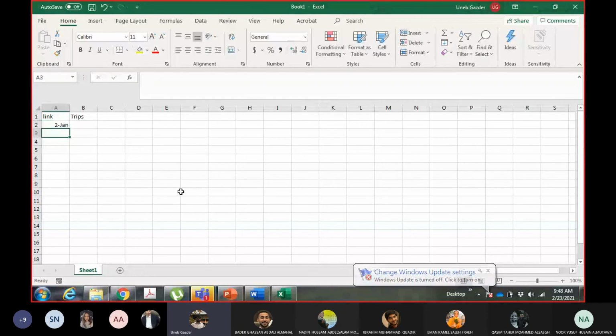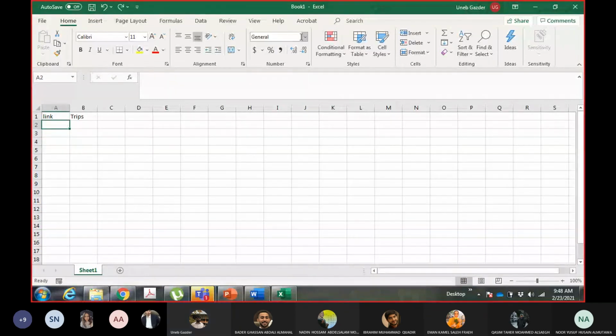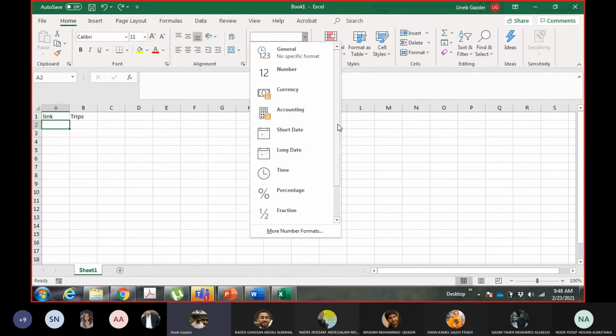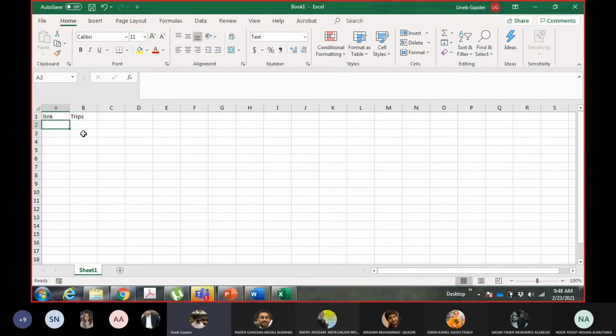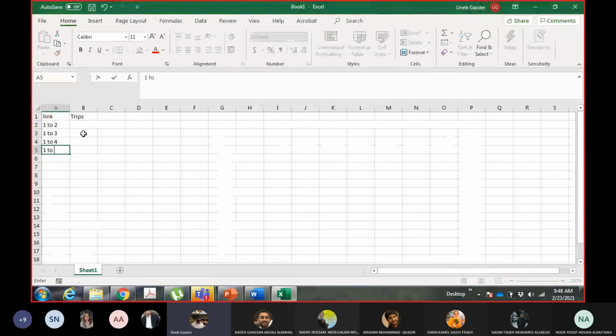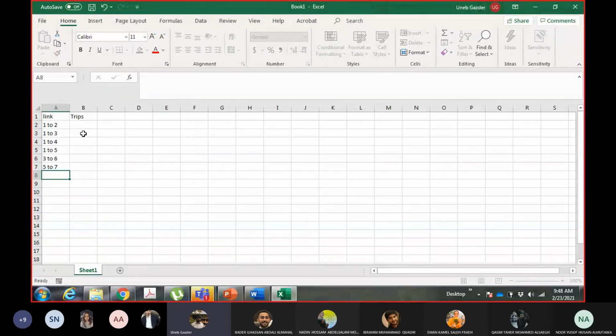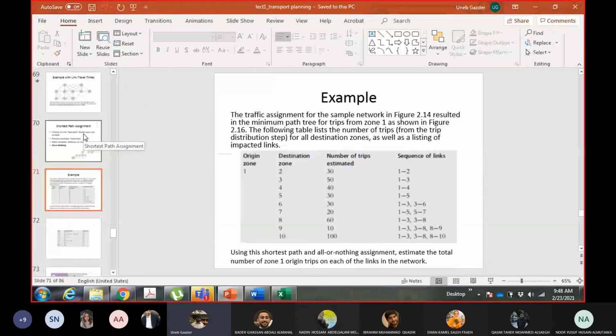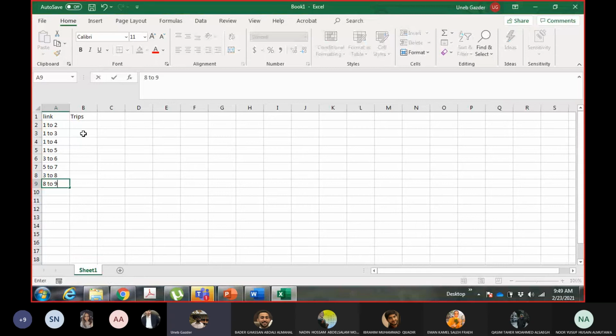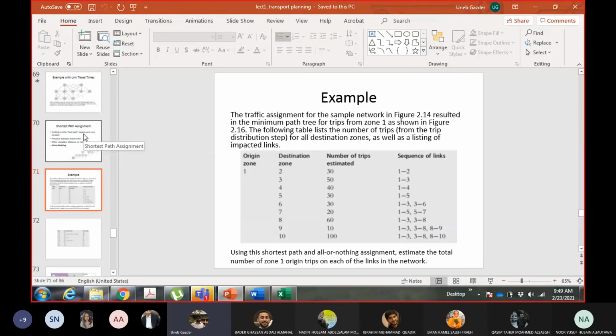My link is 1 to 2, this will be better. 1 to 2, then 1 to 3, then 1 to 4, then 1 to 5, then 3 to 6, then 1 to 5 is covered, 5 to 7, then 3 to 8, then 8 to 9, and then 8 to 10.